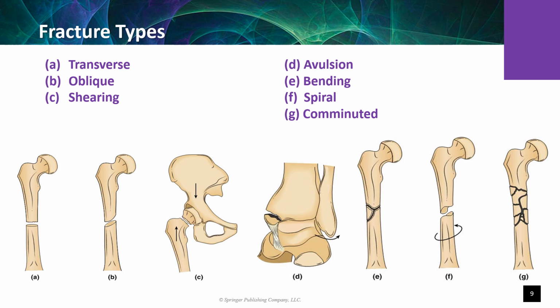A simple fracture has only one fracture line and produces two fragments. A comminuted fracture has more than one fracture line and produces multiple fragments. In a displaced fracture, the ends of the bone at the fracture site are not aligned.